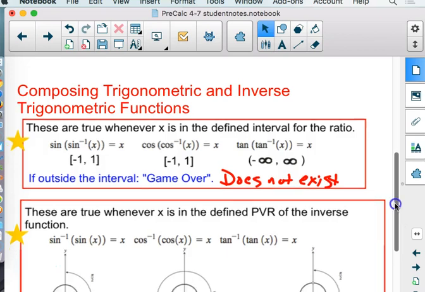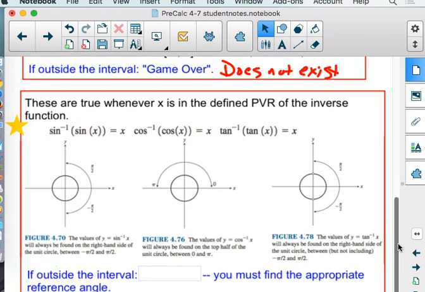But down here, we're reversing this. We're saying, okay, find that sine of x. Now go back and tell us where that came from. So these are true whenever x is defined in the PDR of the inverse function.